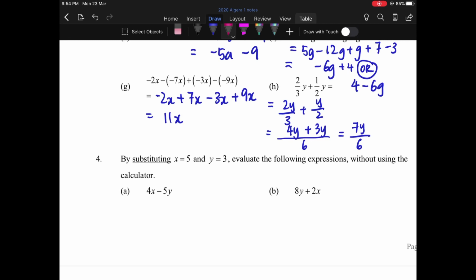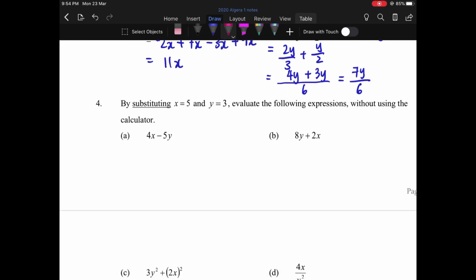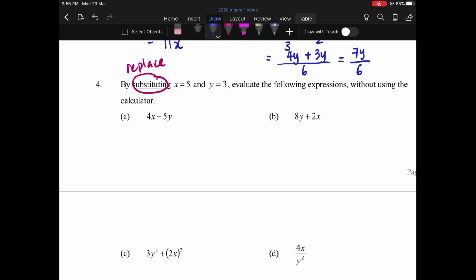Next, question 4, substitution. So substitution means to replace. Okay, so we will be replacing x with 5 and y with 3. So for our first step, we would just do substitution. Use brackets. So we should be getting 20, subtract 15 to get 5.